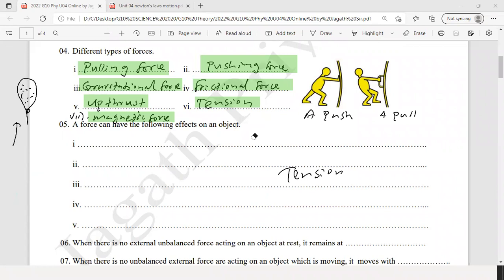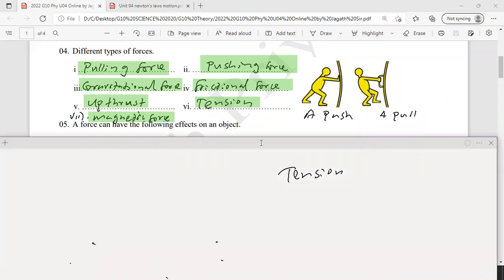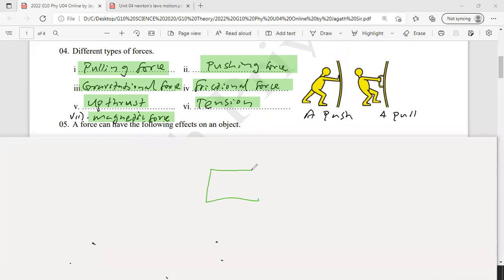That means if the forces are balanced, just because of applying a force, the object will not move. I'll give one example. If you apply a force forward on this object, 10 Newton, and your friend applies 10 Newton in the opposite direction, there are forces acting on this, but the object will not move. Why? Because the forces get balanced.